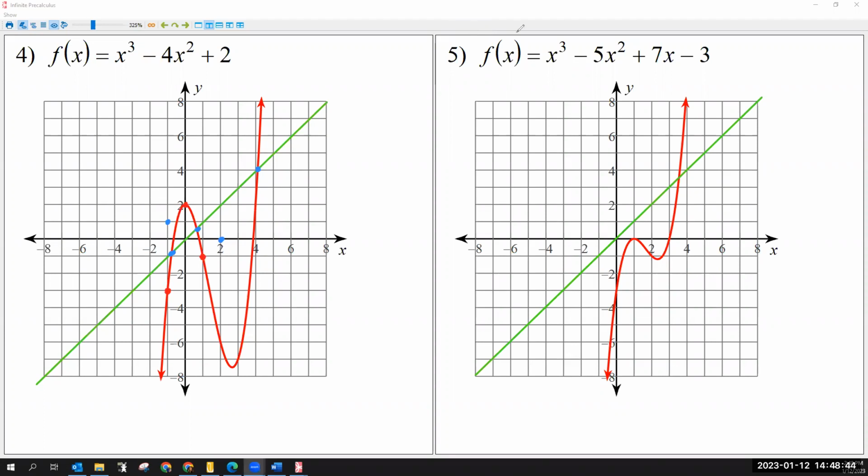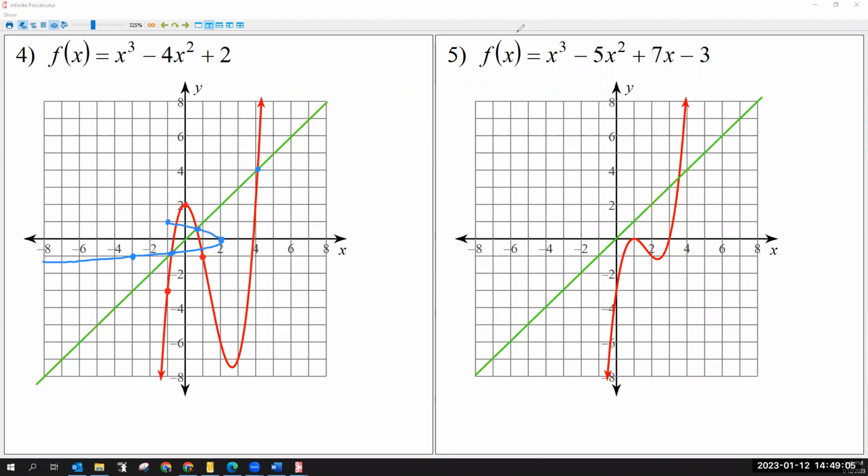So it's going to change to -3, -1. Should be right here. Okay, let's see if that's enough. So it's coming up like this. It's going to come up like that.